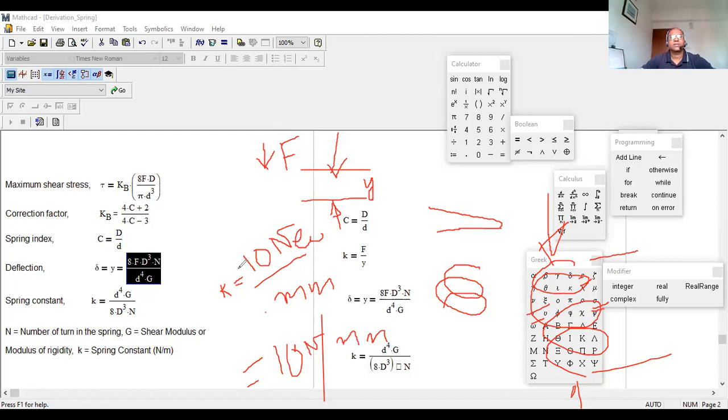That will be the spring constant K. So what I'm saying is, if you know the applied force, and if you know the amount of deflection of the spring, how much it is deflected, then you can figure out the spring constant K.